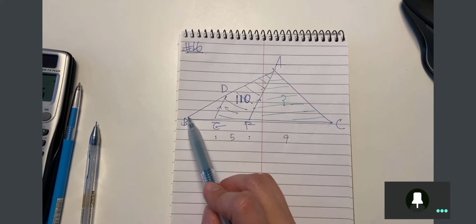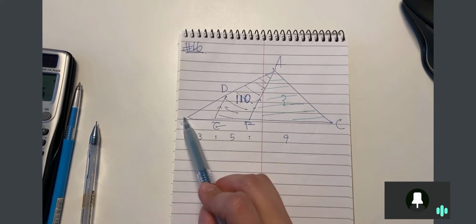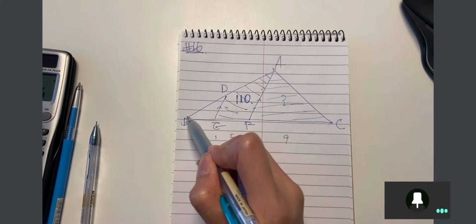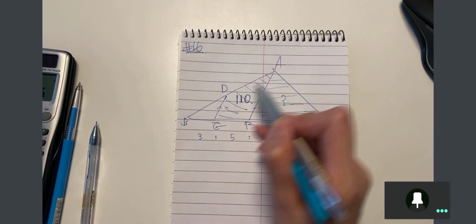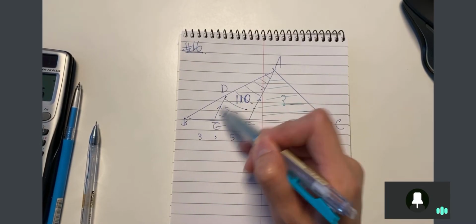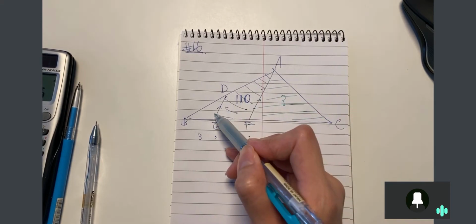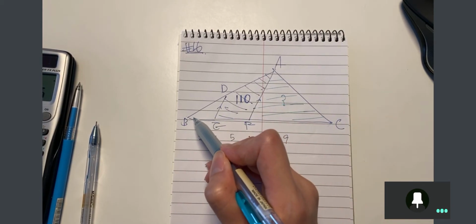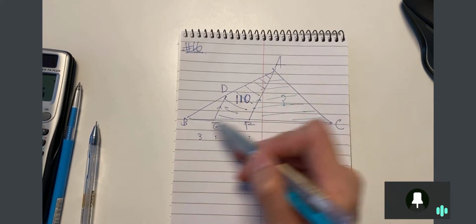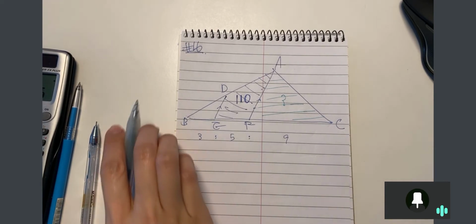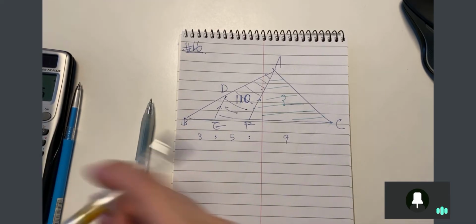Triangle BDE is similar to BAF, because these are parallel lines and corresponding angles, and the angle at B is common. So they are similar. If they are similar, the length ratio squared will be the area ratio.